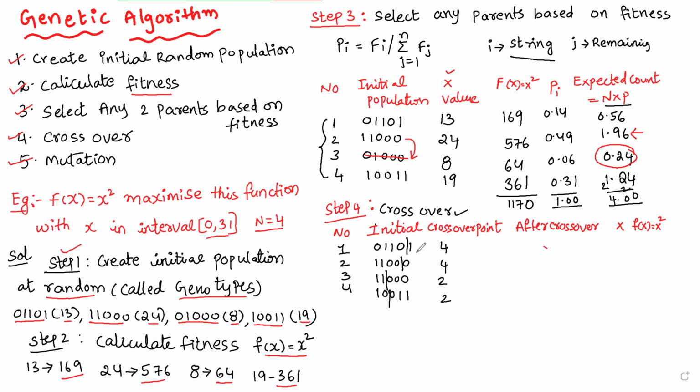When you observe this, after crossover the answer is 0 1 1 0. Just replace 1 with 0. And in 1 1 0 0, this 0 will be replaced with 1.